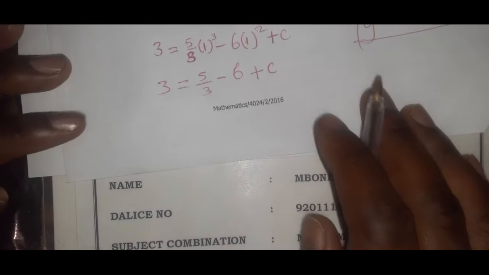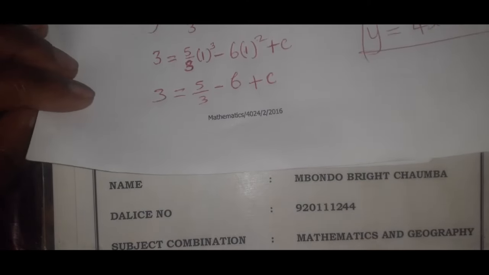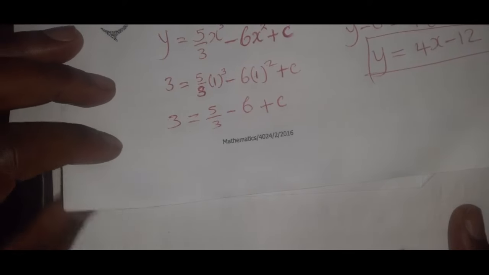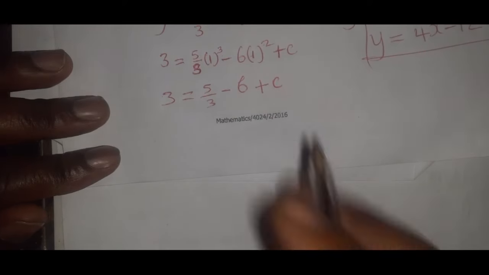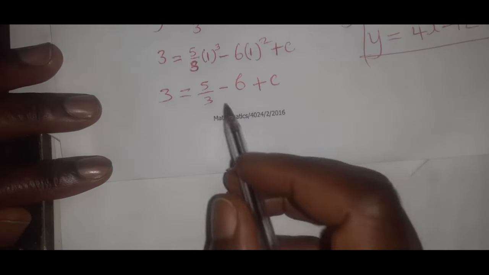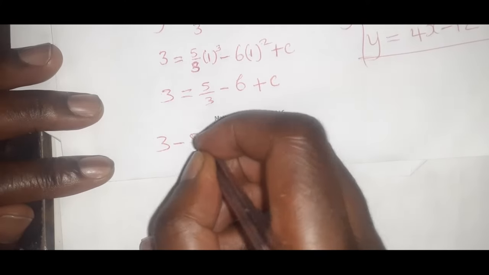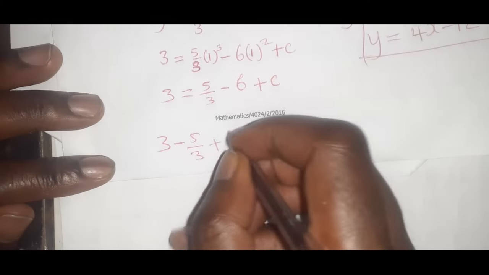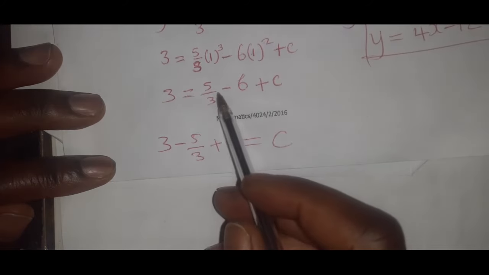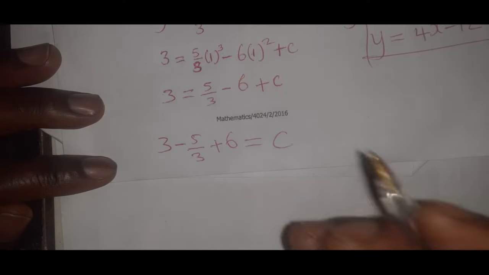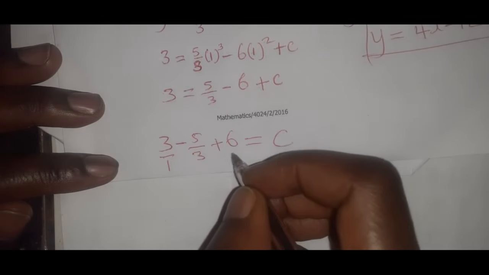The value of c is going to be, we can say now 3 minus 5 over 3 plus 6 is equals to c. We bring these ones the other side. Okay. Then now we can solve these.